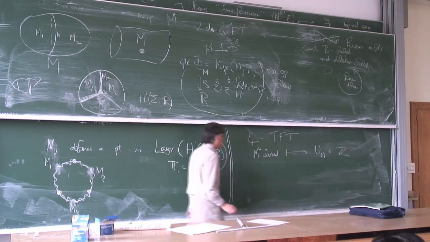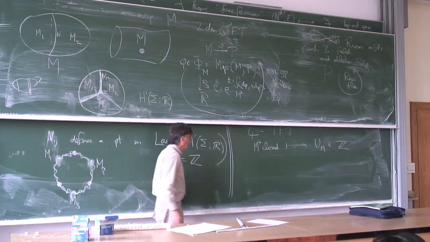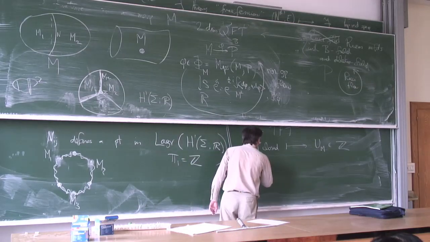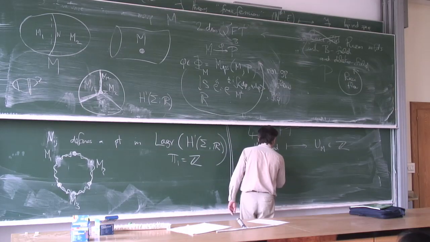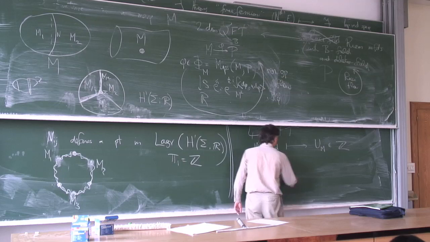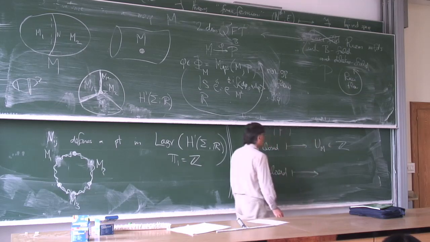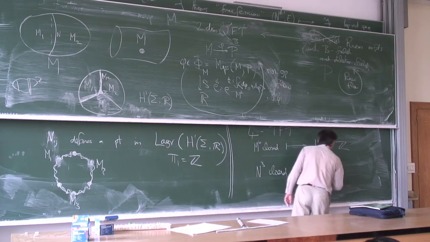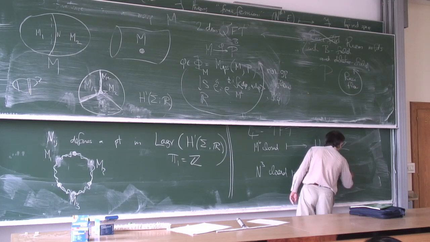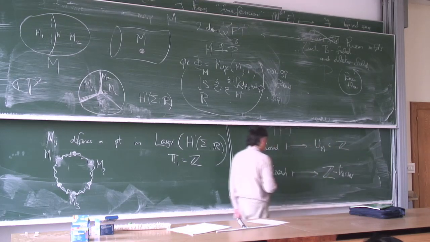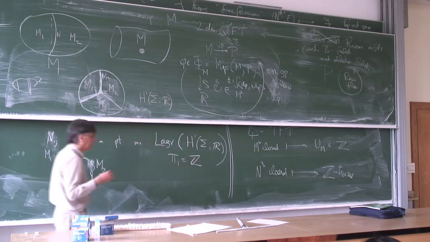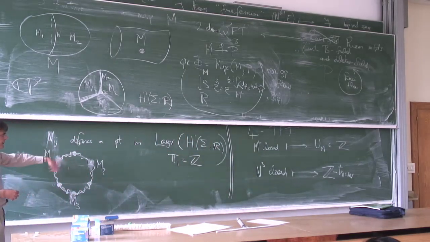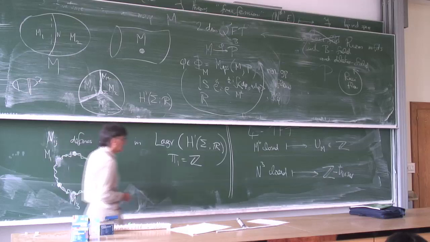So this is a more additive version of what I usually say. Now to a three-dimensional closed thing, I want to associate a Z torsor, the principal homogeneous space for the integers, so an affine copy of Z in that fundamental group.